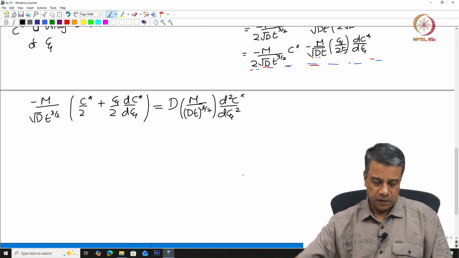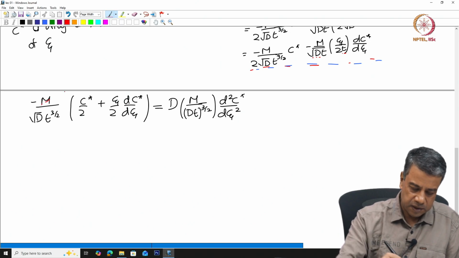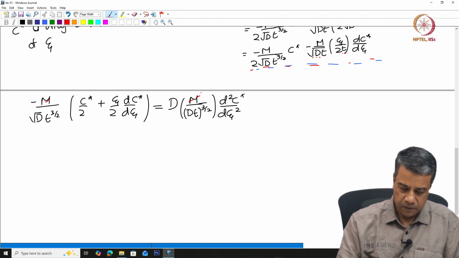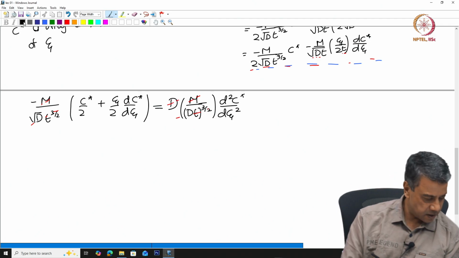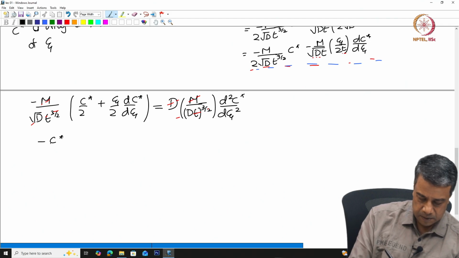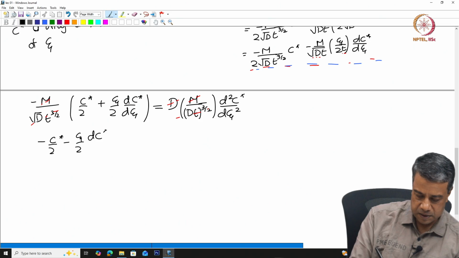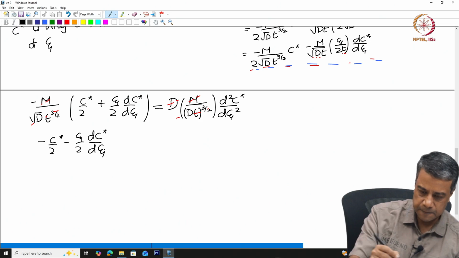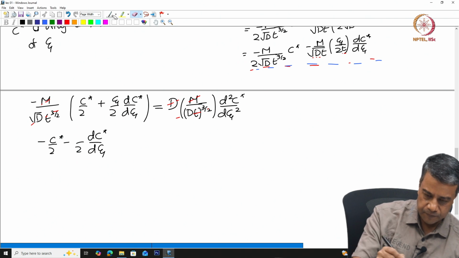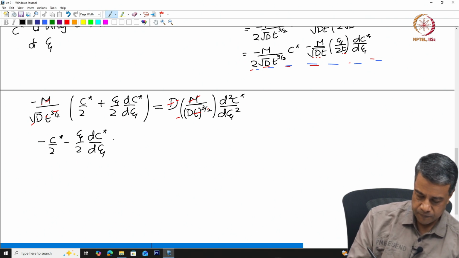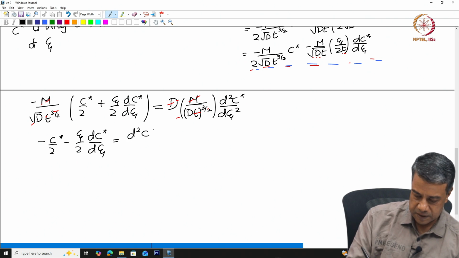You can see easily that m cancels out on both sides, and I have root D on both sides and t power 3 by 2. So, those all cancel out. And I will get my equation as minus C star by 2 minus psi by 2 dC star by d psi is equal to d square C star by d psi square.